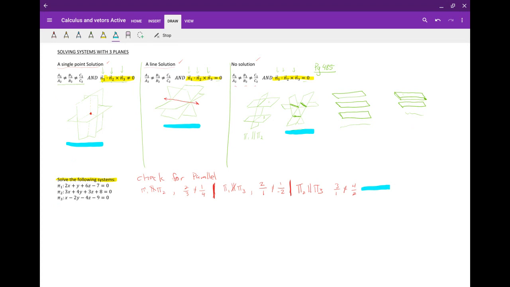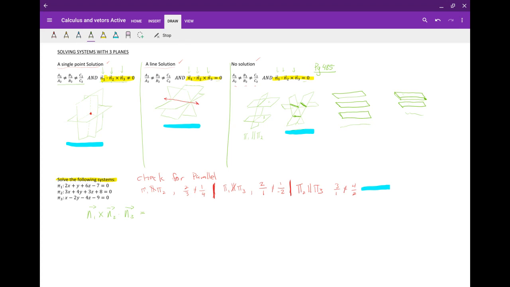And so now I'm going to take the normals and cross them and then dot them with the last one. So I'm going to do N1 cross N2, and I'm going to dot it with N3 there. Okay.